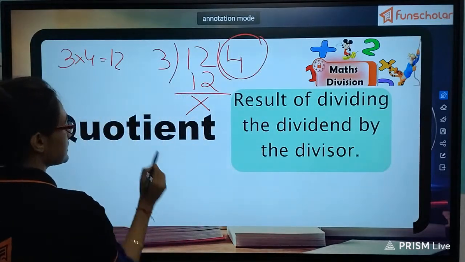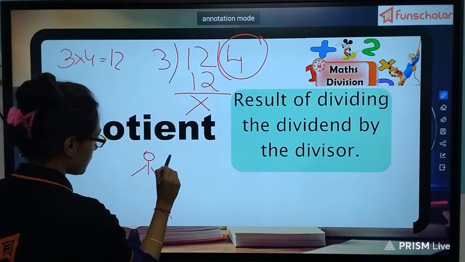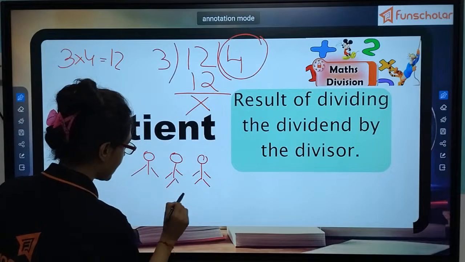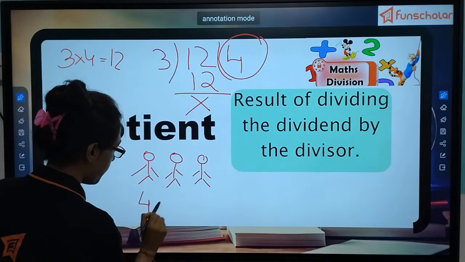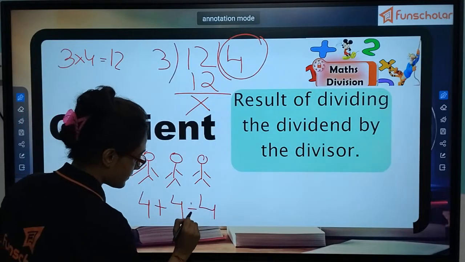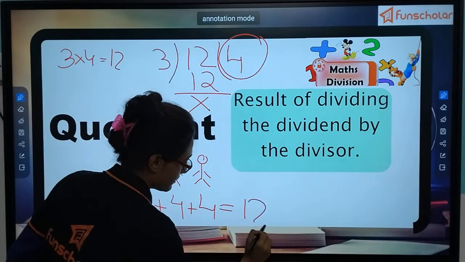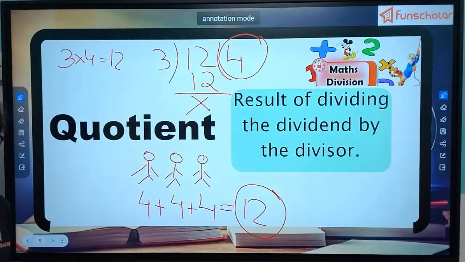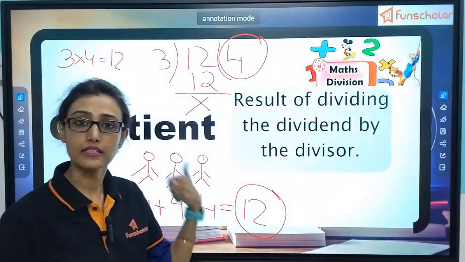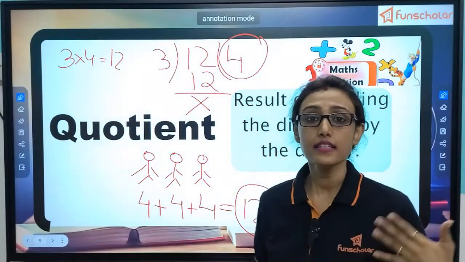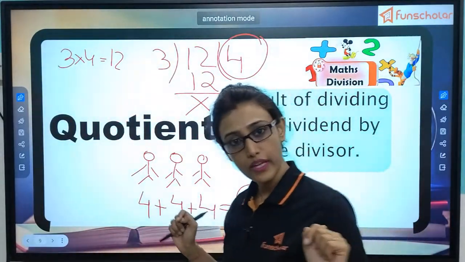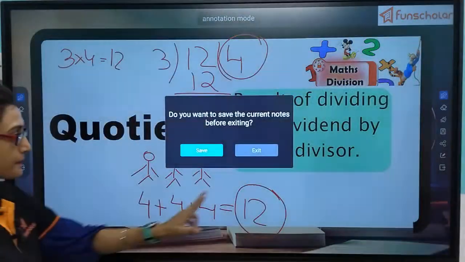Each of the 3 friends will get how many candies? They will get 4 candies. See, 4 plus 4, 8. 8 plus 4 equals 12. Understood? So the result after division is known in mathematical terms as quotient. Okay? Now next.